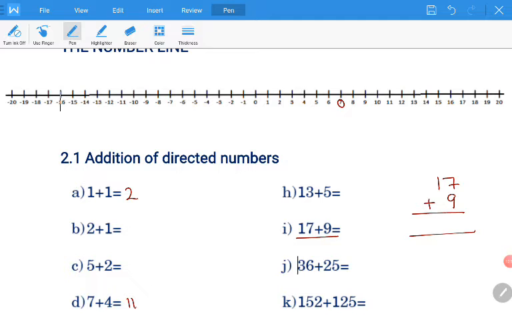Then here we add, we move 9 places to the right. So 1, 2, 3, 4, 5, 6, 7, 8, 9. So 7 plus 9 is 16. So we write 6 and we carry 1. So now it's 1 plus 1. The answer is 2. So 17 plus 9 is actually 26.